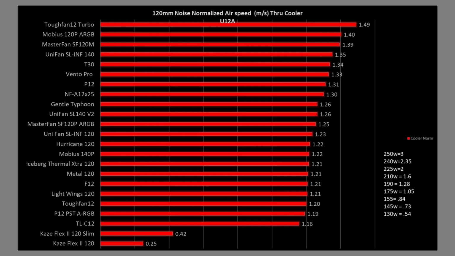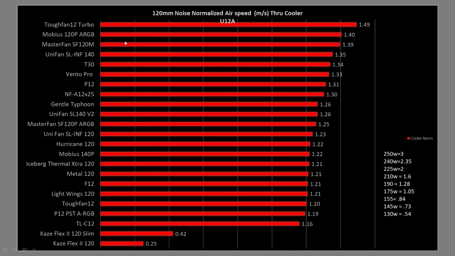First up right here, we have noise normalized through the CPU air cooler, best to worst. Well, not the very worst, but the top, so many that we see on the screen. The Tough Fan 12 Turbo is right there. We got the Mobius 120p ARGB, Masterfan SF120M, the Unifan SL Infinity is right there.